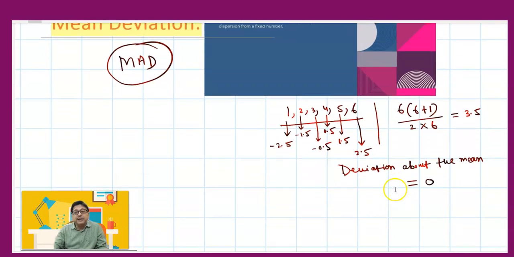deviation about the mean. For this example only, for the first 6 natural numbers, if you calculate the mean deviation about the mean, you calculate the net deviation by making all these positive.